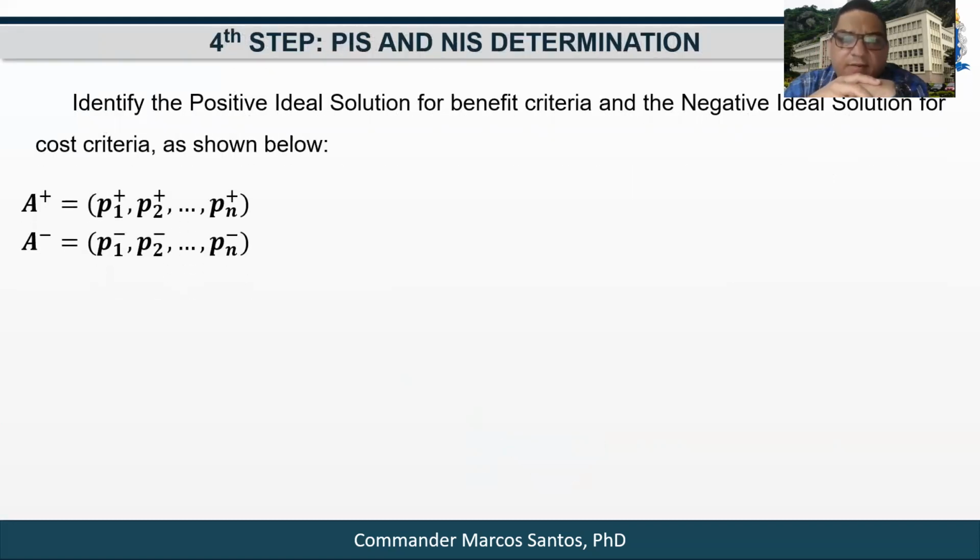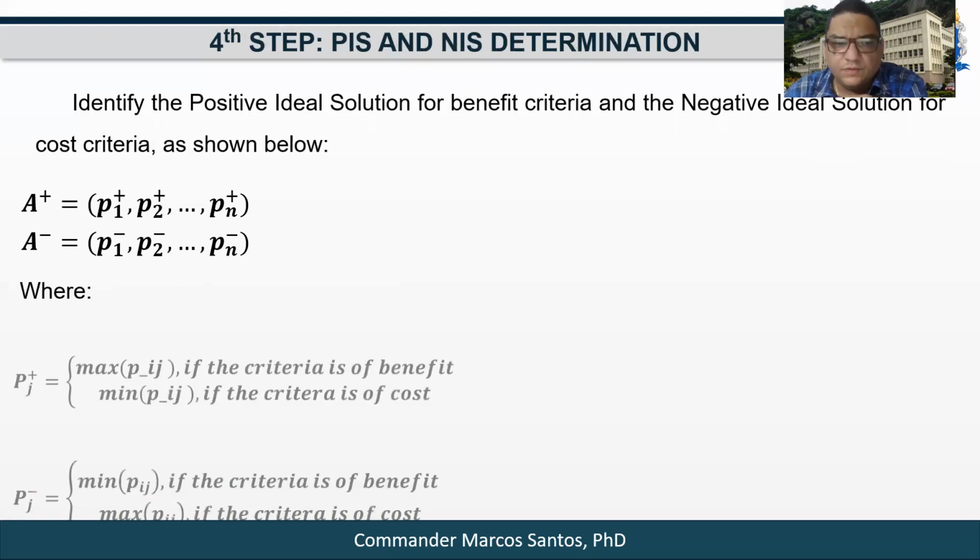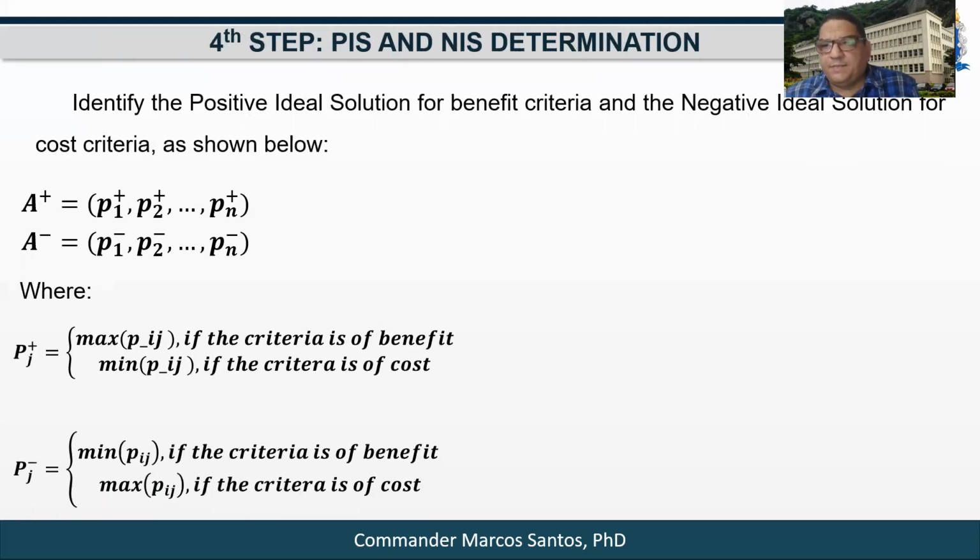So we need to identify the positive ideal solution for benefit criteria and the negative ideal solution for cost criteria, as shown below, where P positive is max PIG if the criteria is of benefit, and minimum PIG if the criteria is of cost.